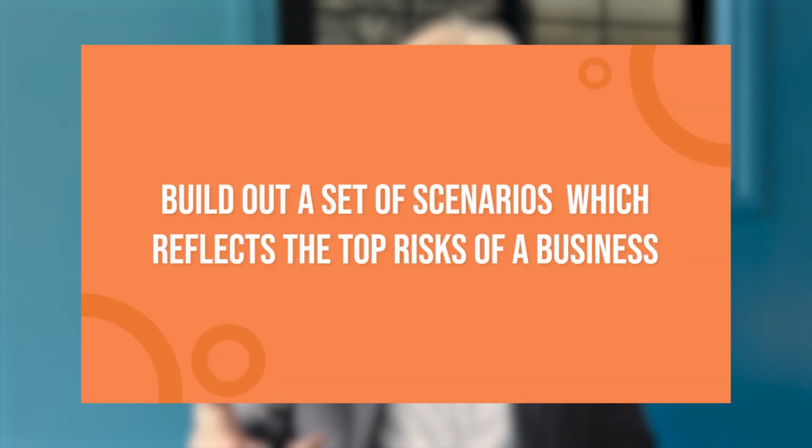For example, is it B2B, B2C? Does the organization collect a lot of personal data, perhaps sensitive personal data, and what's the percentage of e-commerce business versus, like I mentioned, B2B or B2C? By combining these metrics about the business and the value chain, we have the information we need to build out a set of scenarios which really reflect the top risks of that business.